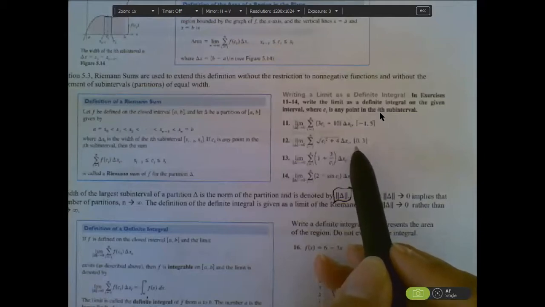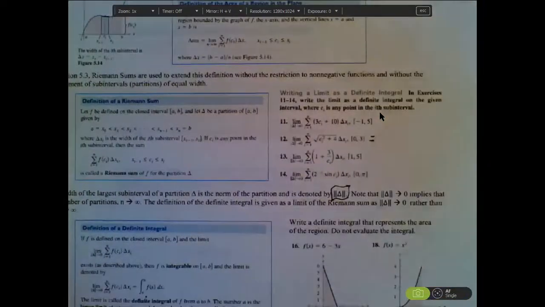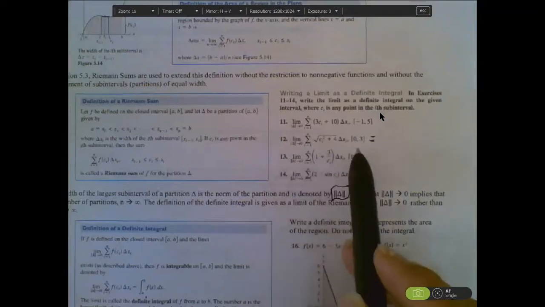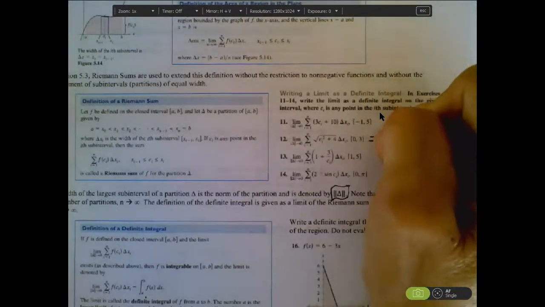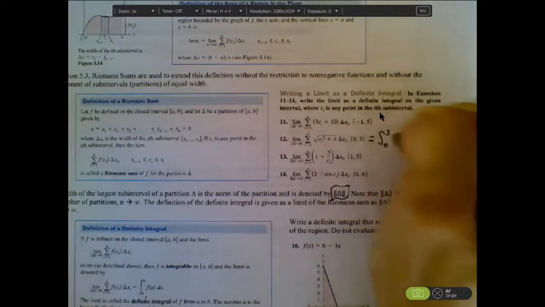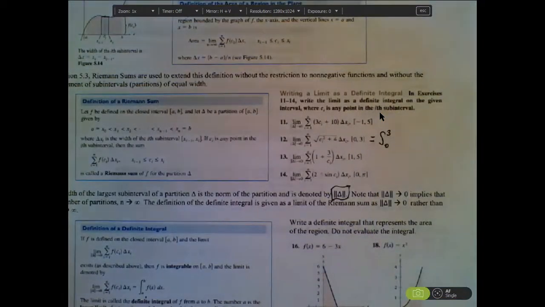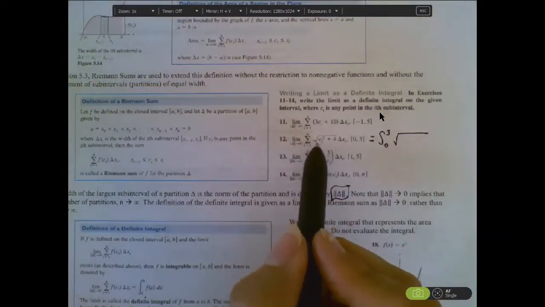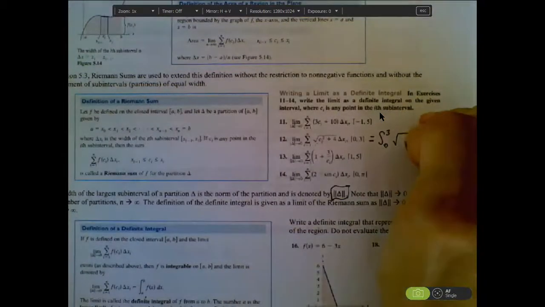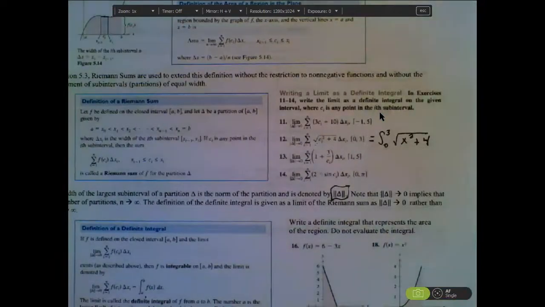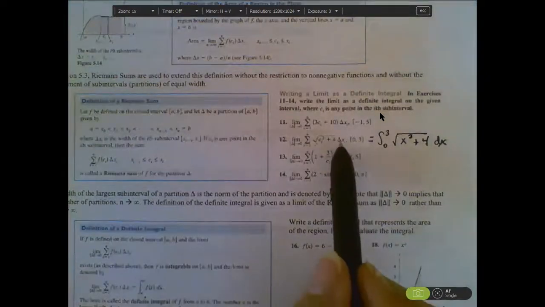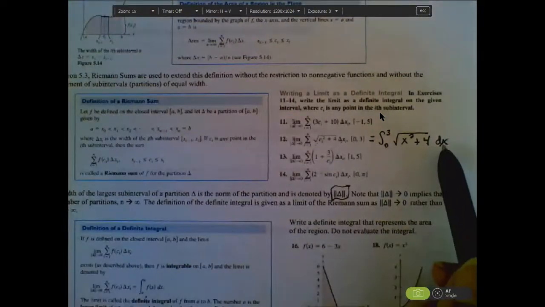Anyway, number 12 said, write that limit of the Riemann sum as a definite integral from 0 to 3. That would be the integral from 0 to 3 of the square root of x squared plus 4. And then the delta x is the same as dx.